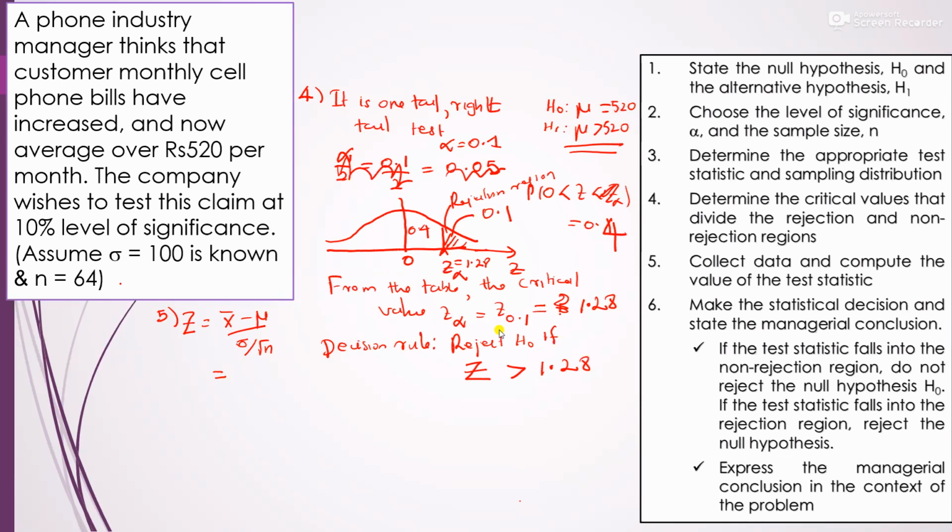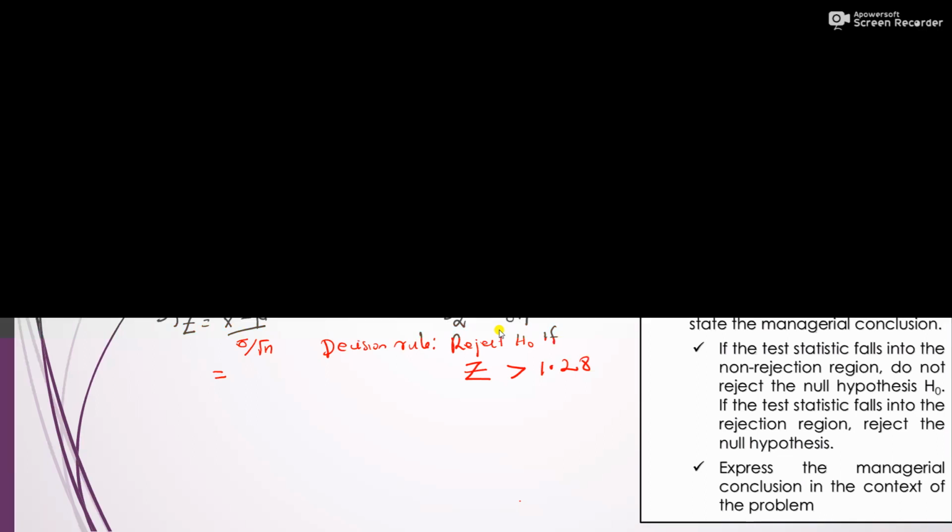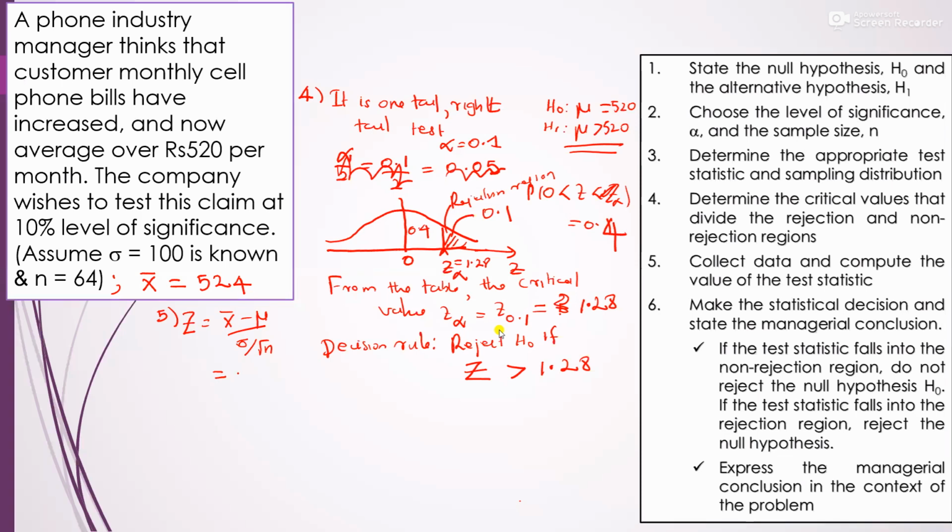Here X bar also is not given, right? Take X bar is equal to 524, include in your problem.